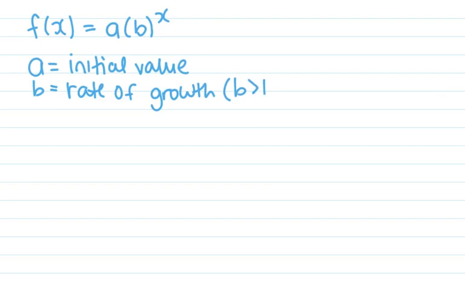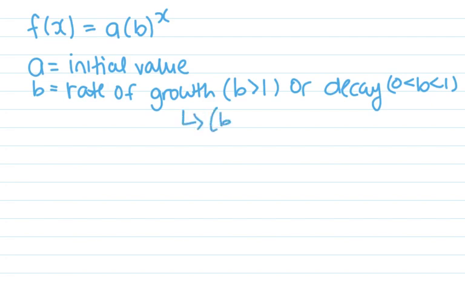That's if b is greater than 1, or your rate of decay, and that's when b is between 0 and 1. And remember, you calculate your growth rate by doing b minus 1 times 100%, and you calculate your decay rate by doing 1 minus b times 100%.